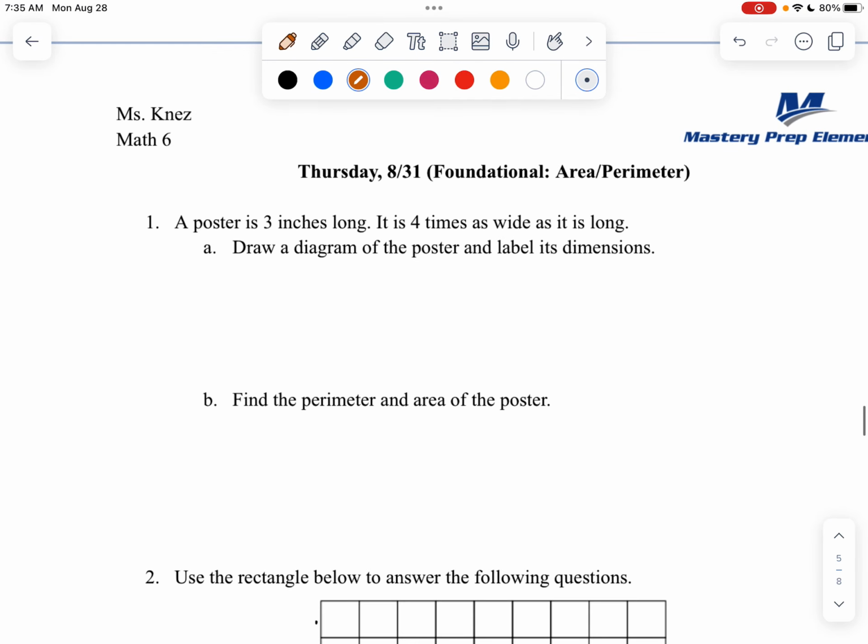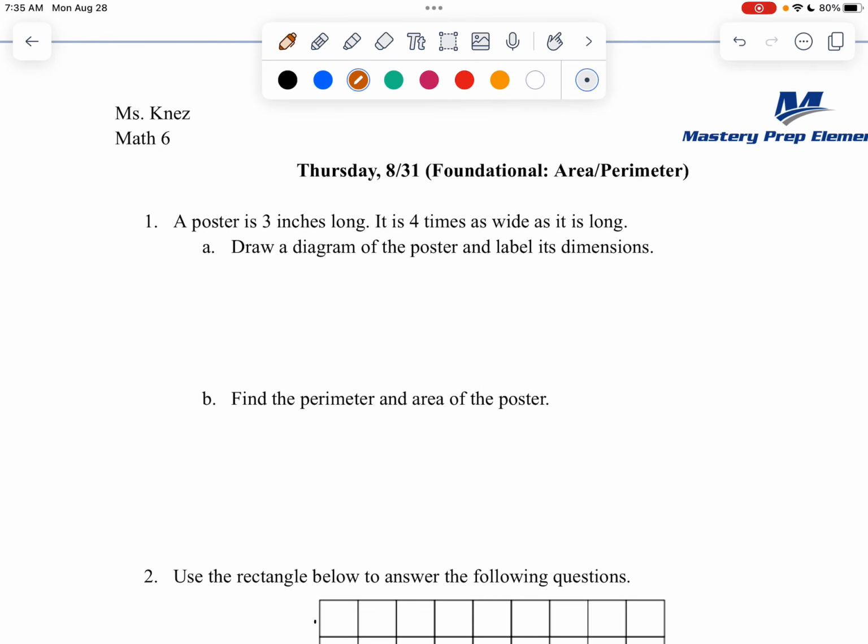Finally, we're at Thursday, and on Thursday's homework, we're focused on a foundational skill, area and perimeter. We'll use question 1 as our example. Question 1 says, a poster is 3 inches long. It is 4 times as wide as it is long. A wants us to draw a diagram of the poster and label its dimensions.